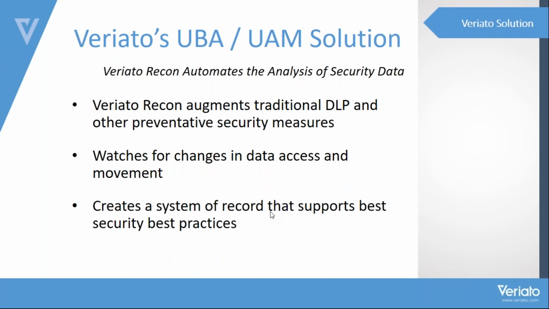So with Recon, I can augment the traditional data loss prevention tools and other preventive security measures that I have. I can watch for changes in data access and the movement around my network that people are doing, and then create a system of record that supports best security practices for fixing these things. Okay?